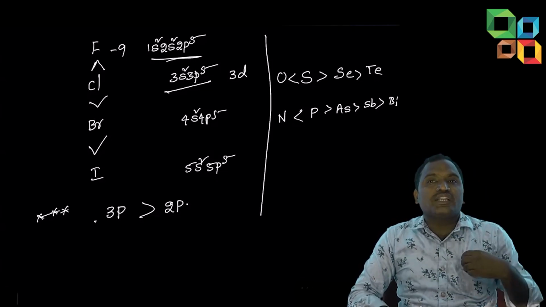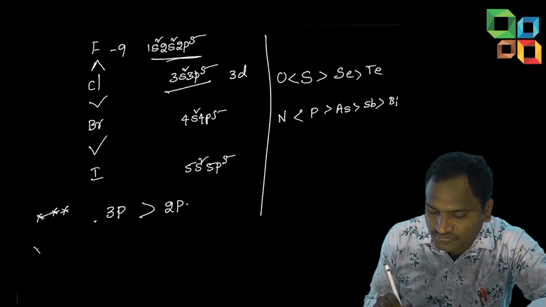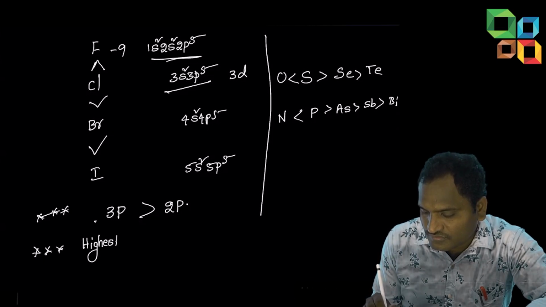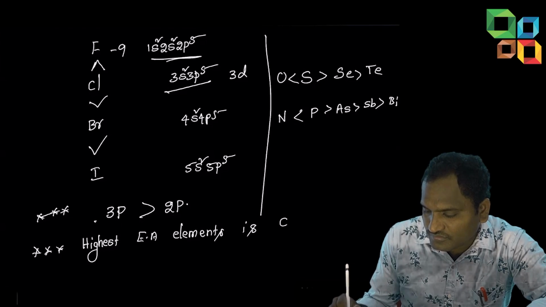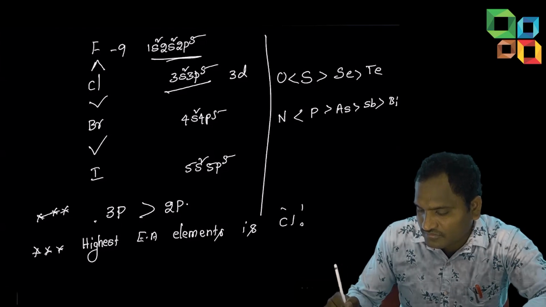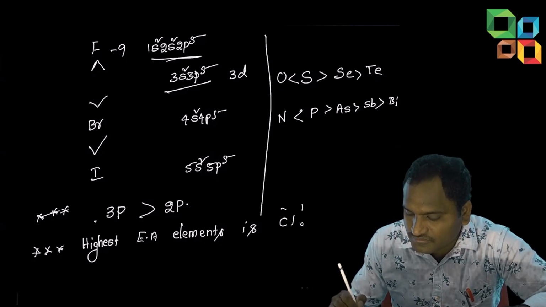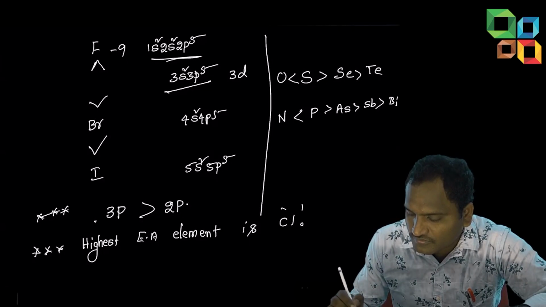Chlorine. So the highest electron affinity element is chlorine. Important students. Element, not elements. Chlorine.